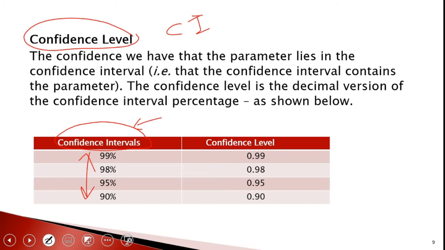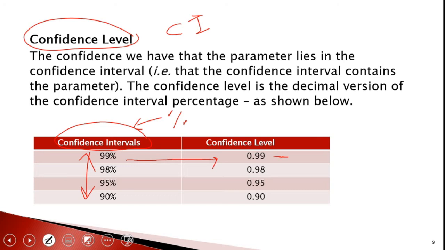We represent confidence levels by using percentages. So please remember this one. Confidence level we always mention by using percentage. See, 99%. So confidence level we may get as a probability value. See, 0.99.